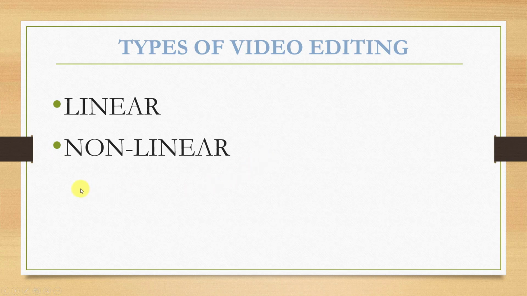It is used in film editing, short films, documentaries, television programs, YouTube videos, and all kinds of social media video editing. All the video editing software also comes under this category, non-linear video editors.